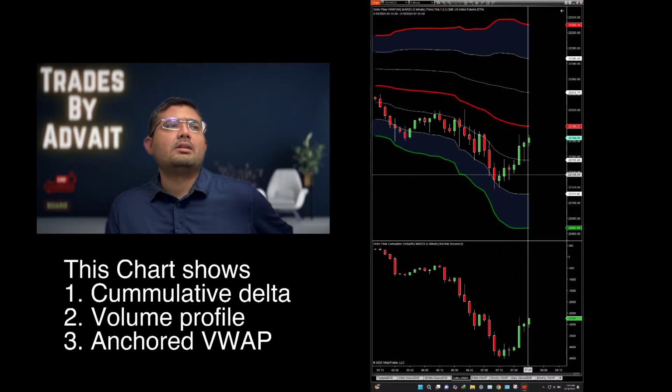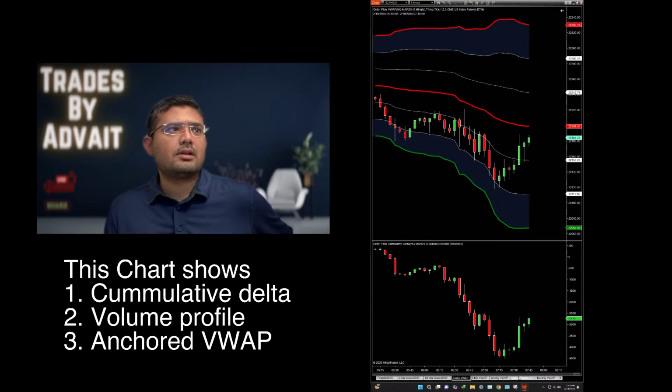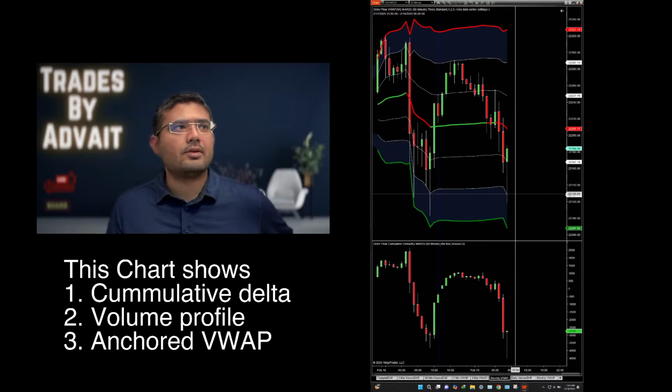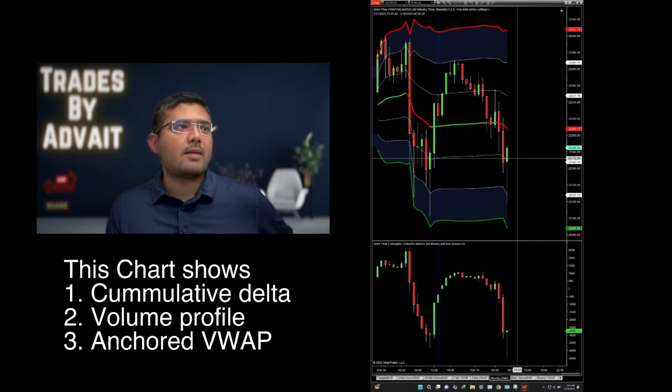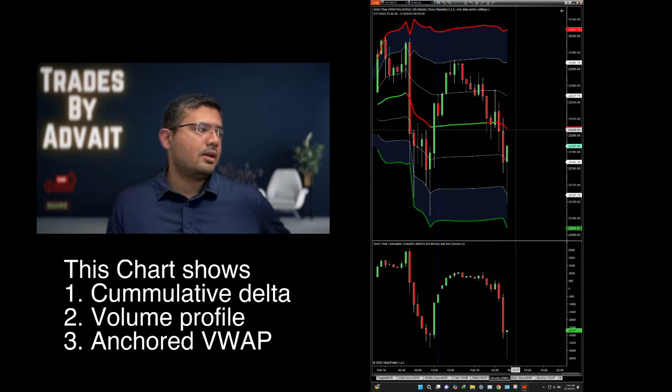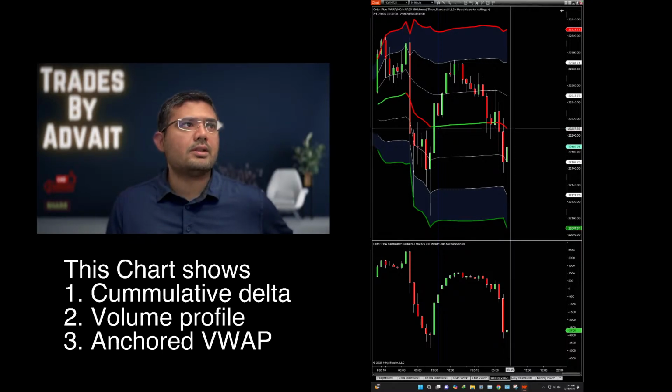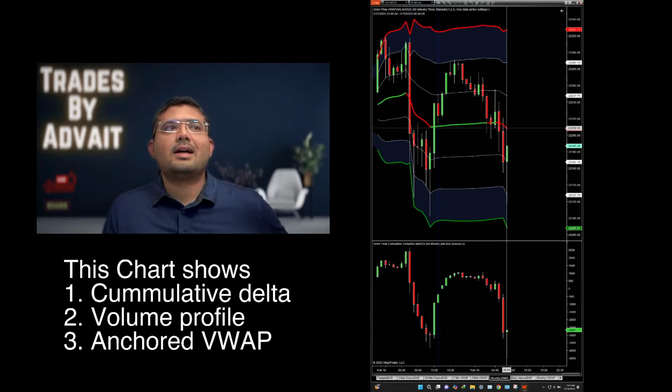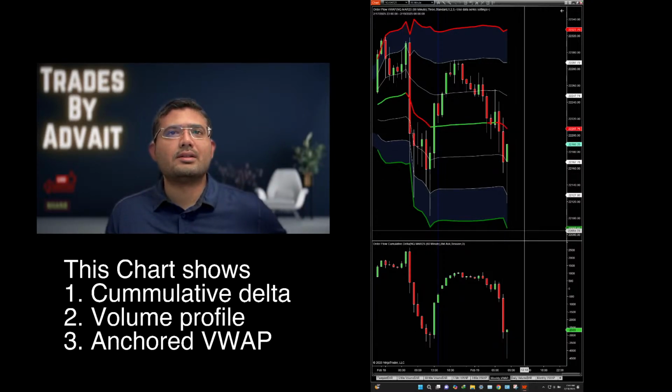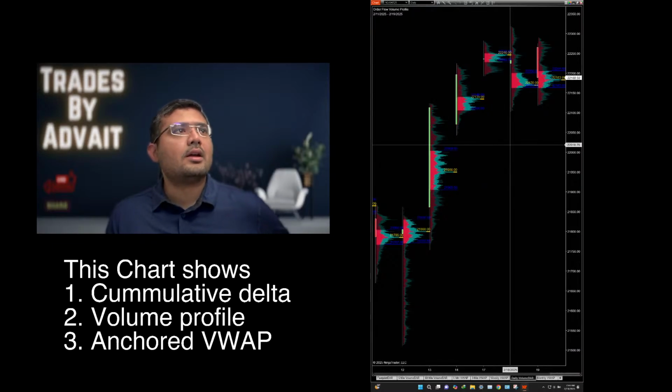And right now it's in no man's land. It's going nowhere, so I want you guys to be very cautious about these zones. If you look at the VWAP of the weekly time frame, the red line over here is the VWAP. Unless that is approached, I don't see a big resistance over there.